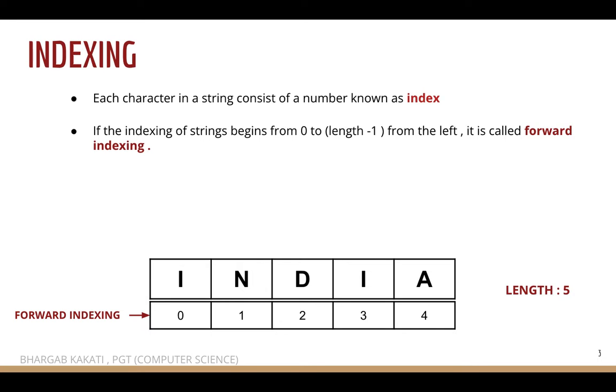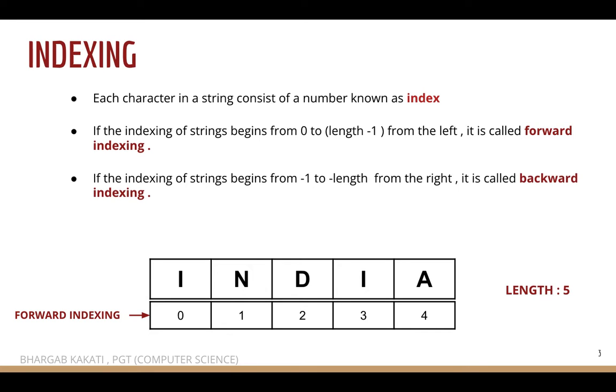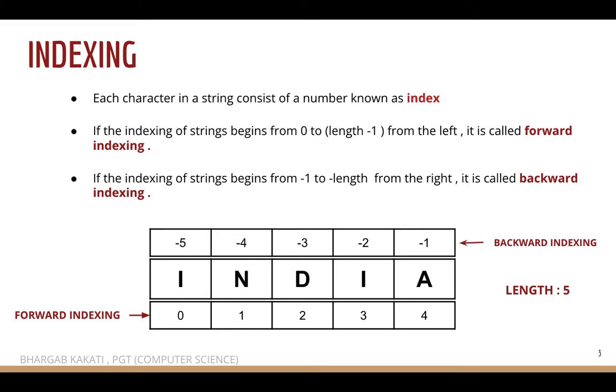Alright. Next, if the indexing of a string begins from minus 1 to minus length from the right, it is known as backward indexing. As you can see in the figure, the indexing begins from the right, starts at minus 1 and goes up to minus length.